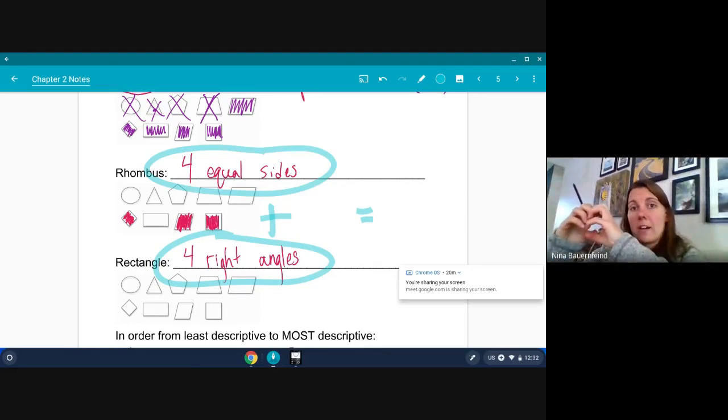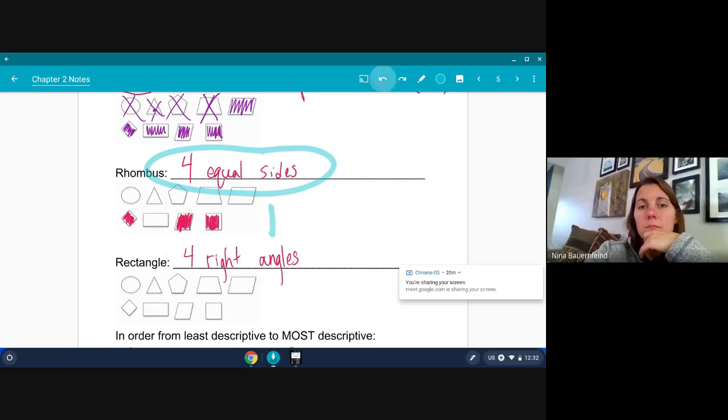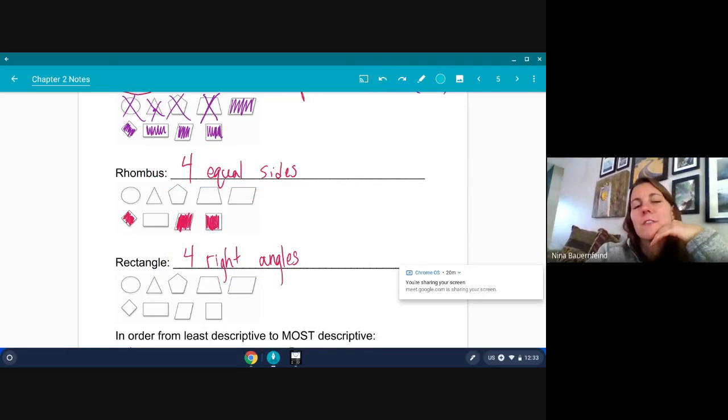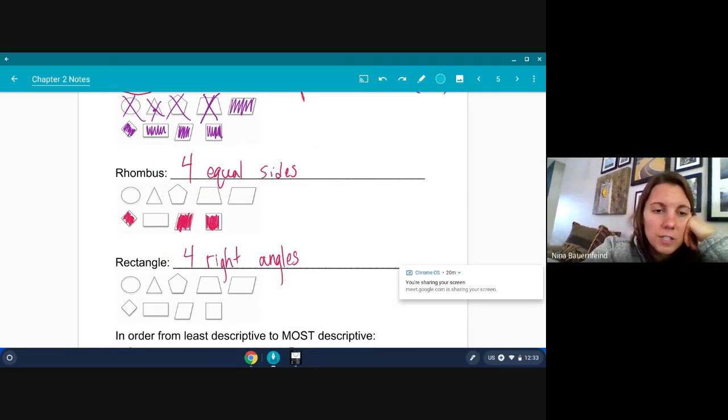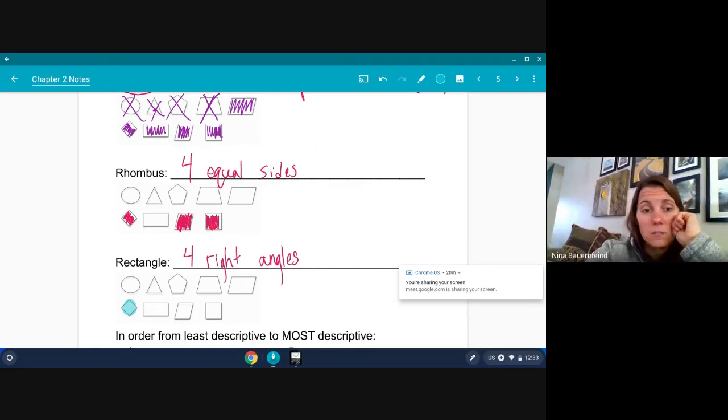That makes a square. Just fun facts. Okay. So this guy is a rectangle because it has 4 right angles. This is a rectangle because it has 4 right angles. That's usually what you picture when you think of a rectangle. And then this is also a rectangle.